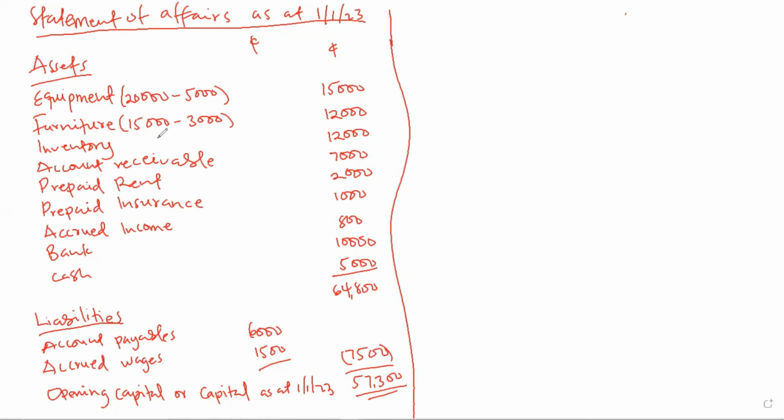So let's do that. This one is workings two. So we see the debtors control account.